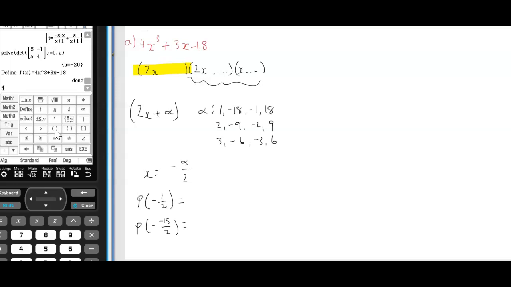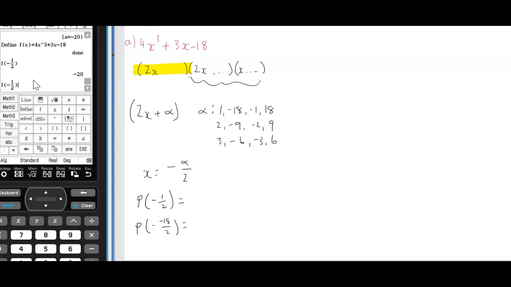So if I'm doing f of negative a half, and why didn't it close my bracket? No, sorry, don't want your bracket there. Okay, and it does it automatically for me. So negative 20 is not 0, and we want it to be 0.